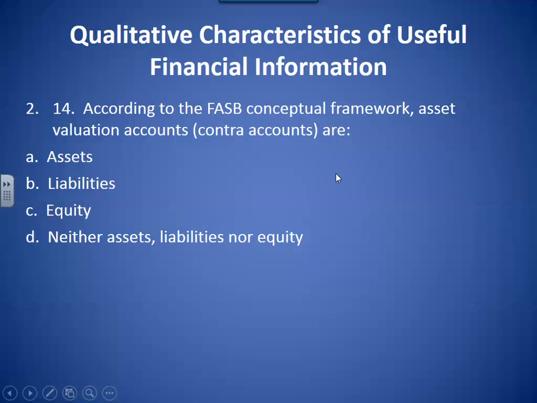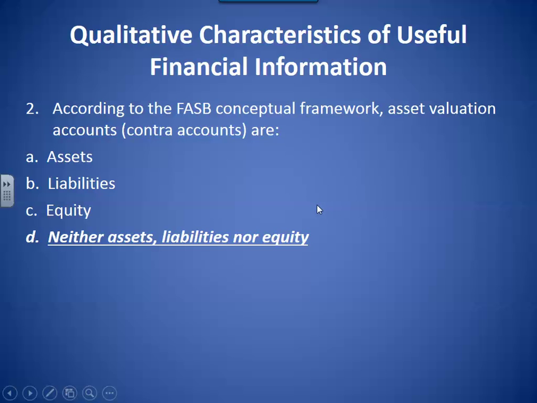Stop your video first, and when you're ready with your answer, go ahead and restart the video. So number two, according to the FASB conceptual framework, asset valuation accounts, in effect contra accounts, are D, neither assets, liabilities, nor equity. They're simply offset accounts to assets, liabilities, or equity.